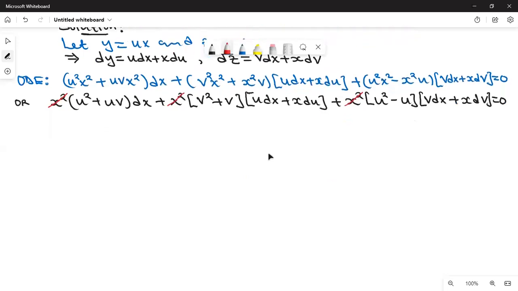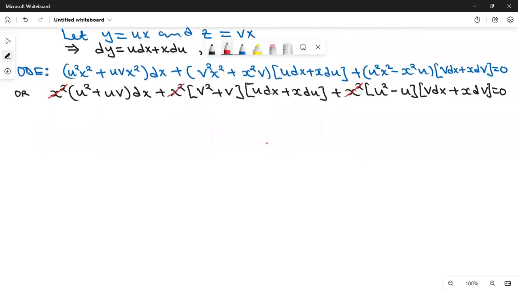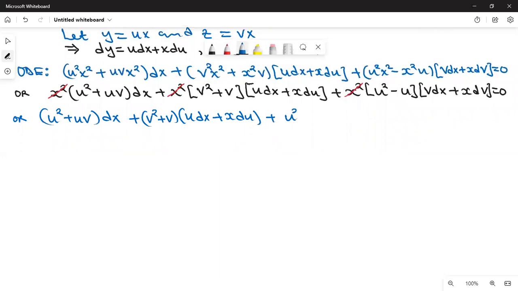Having divided by x squared, what you're going to get is (u squared plus uv) dx plus (v squared plus v) times (u dx plus x du) plus (u squared minus u) times (v dx plus x dv).